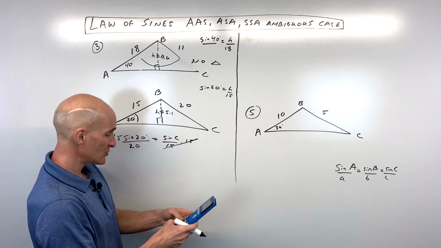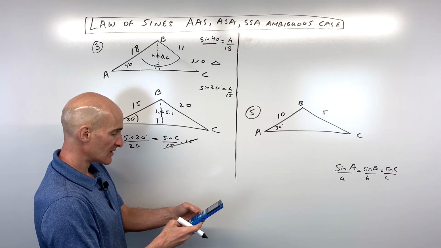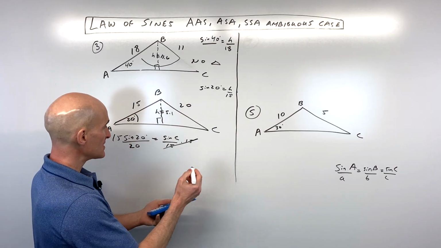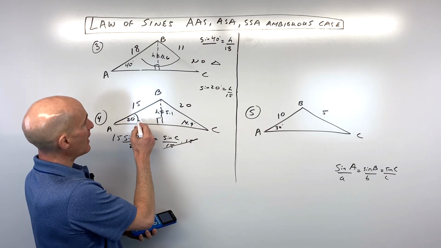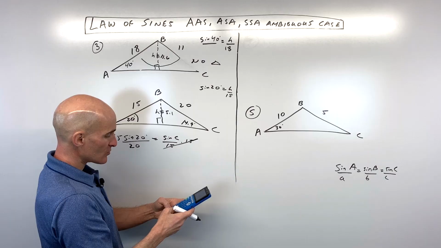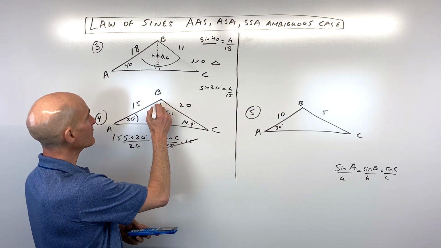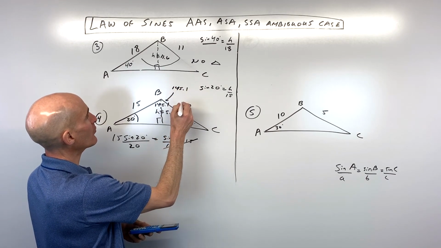So let's see what that comes out to, 15 sine 20 divided by 20, and then remember we have to take the sine inverse whenever you're solving for the missing angle, and I'm getting about 14.9 degrees. Now if we add these up and subtract from 180, we're getting about 145.1 for this angle. I'll just write that up here, 145.1 degrees.